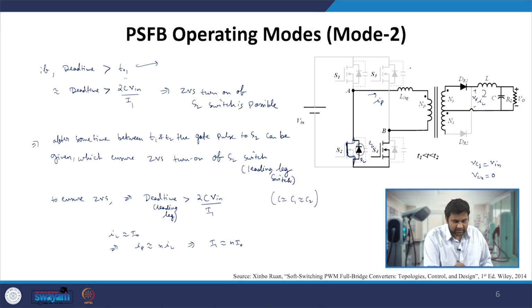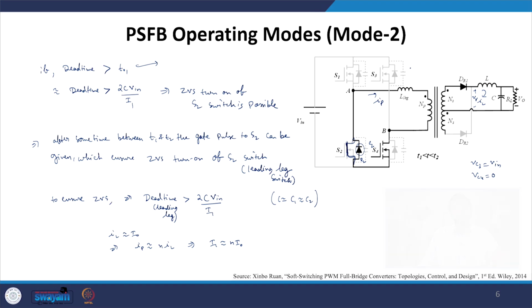If I can ensure this dead time is greater than the T01 time, then I can ensure that switch S2 goes through ZVS turn on, or soft switching of S2 will be achieved. The same thing repeats after 180 degrees, when S2 is off and S1 is turning on, after TS by 2 period.